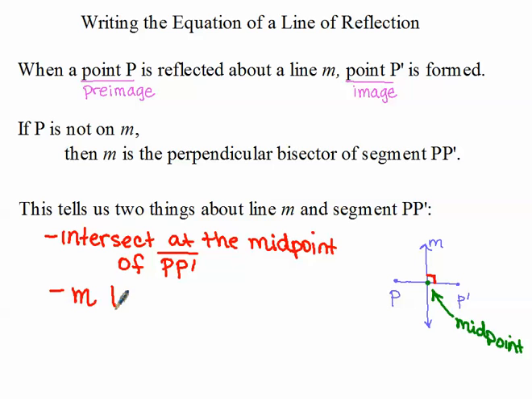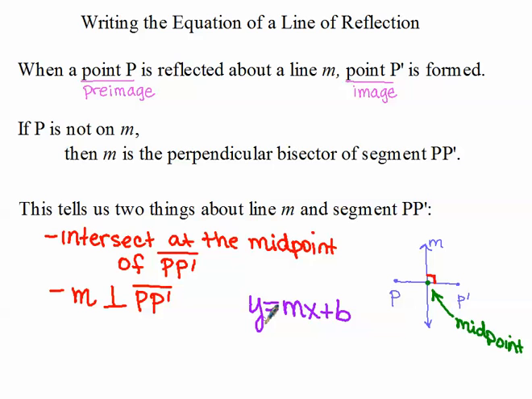So the line M is perpendicular to that segment. Okay? Now with that, if we're writing the equation of a line, that tells us some things. Remember, the equation of a line is y equals mx plus b. And we know m is the slope, b is the y-intercept, the value where it crosses the y-axis, and x and y are the coordinates of any point on the line.